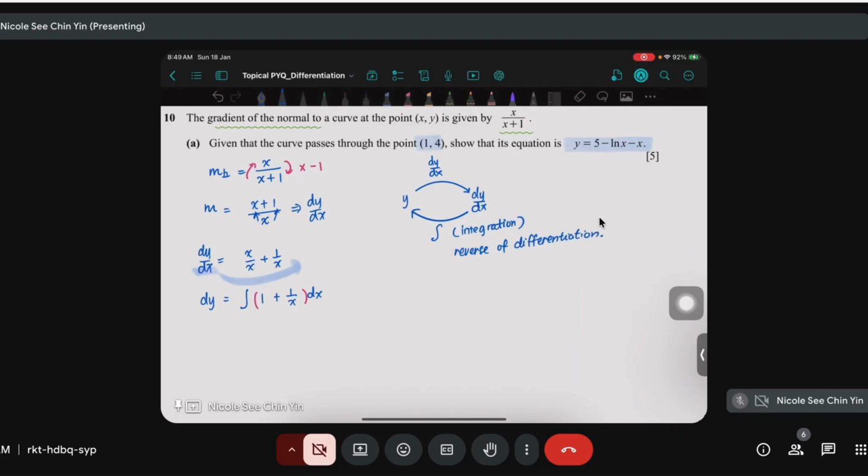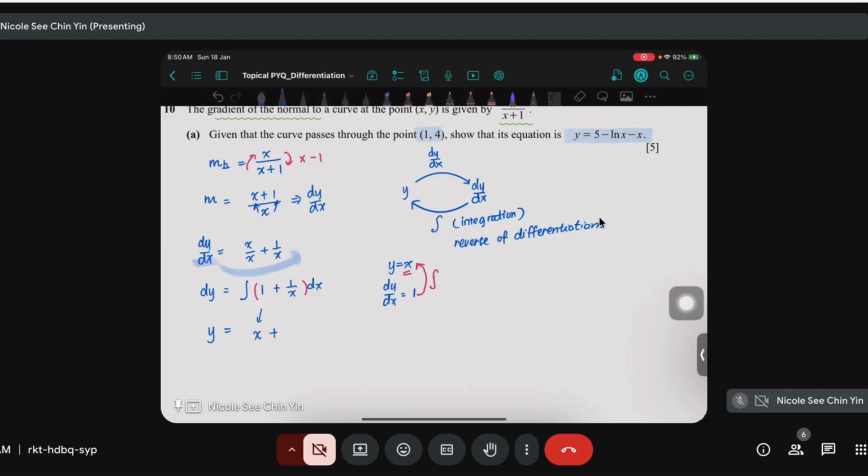Let me ask you, if I give you y equals x, dy/dx, what do I get? 1, correct? So if I give you dy/dx equals 1, I do the reverse, integrate. This is the integration sign. What did I get? I get back x. So for this question, the integral of 1 is x.